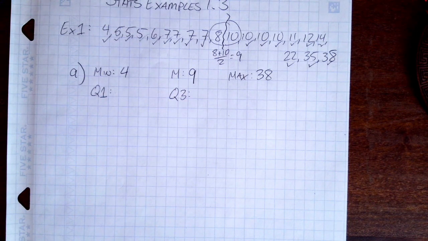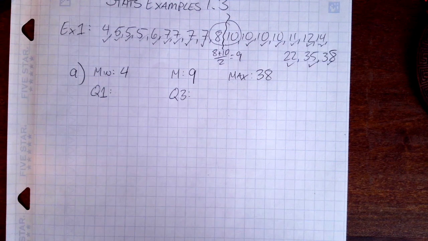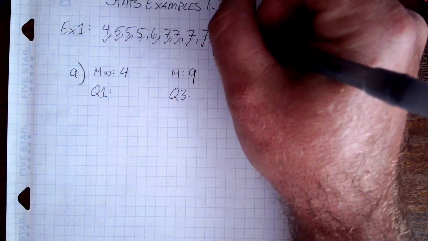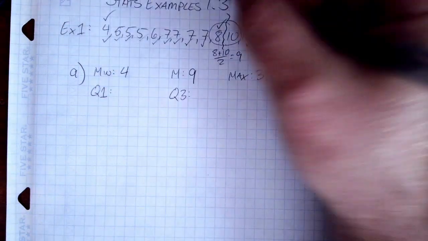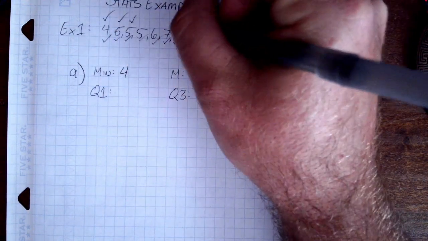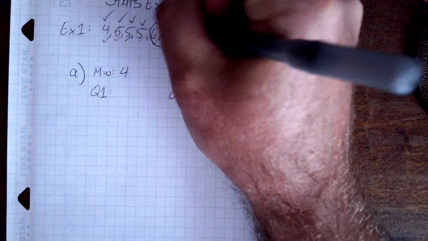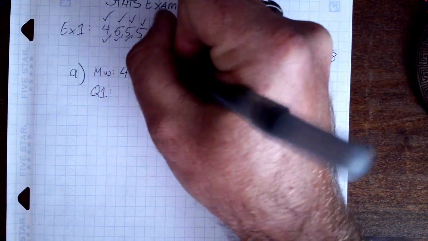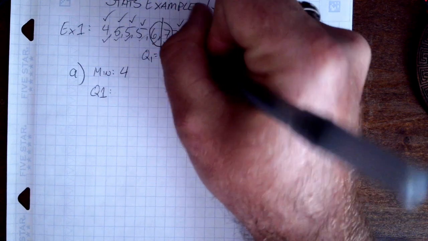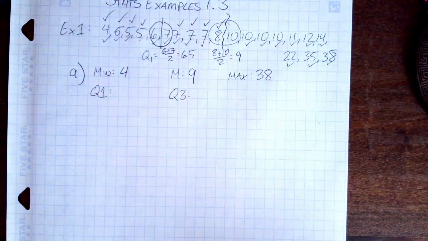Now the quartiles are the medians of each half, the median of the upper half and the median of the lower half. So remember, if you cut a half into a half, it becomes a quartile, or a quarter. So we are still using the 8 and the 10 as we work our way towards the middle of the first half. So Q1 is going to be halfway between 6 and 7, or 6.5.